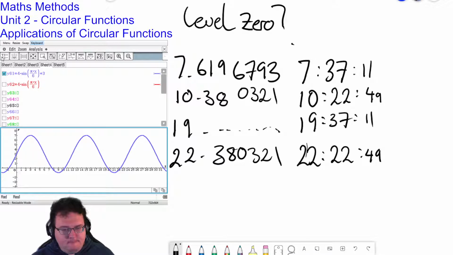So if the boats can only have stuff put onto them when the water level is 5 meters or above, what times of the day can that possibly happen?